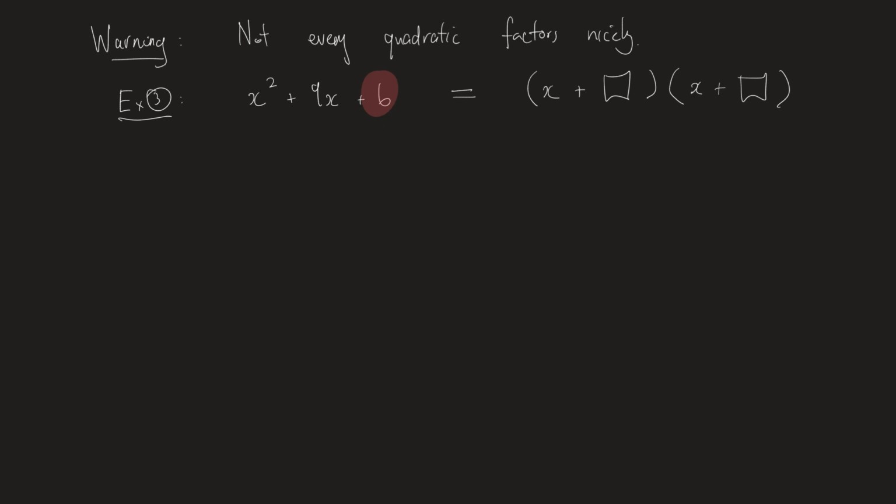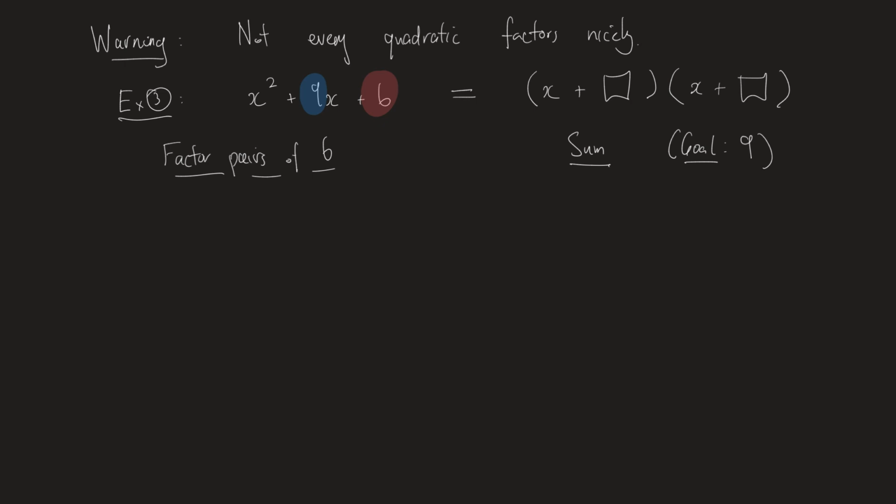I look at my coefficient of x, which is 9. So in this case, I'm looking for factor pairs of that constant, which is 6. And I want them to sum to, in this case, my goal is that coefficient of x, 9.